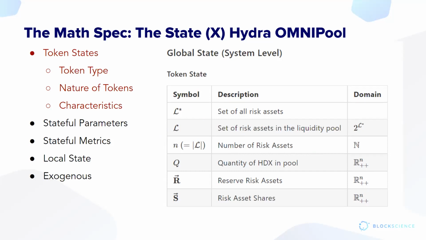But you can build awareness that these are all possible risk assets, because they have potential to be introduced into an OMNIPool. You want to build that notion of where they are and how they would fit inside the system.